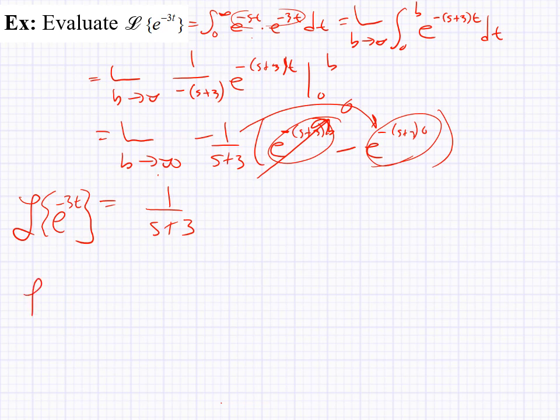So then we can think about, okay, what would the Laplace transform of, say, e to the alpha t look like? Well, alpha is the negative 3, and thinking about what was happening here, we could say maybe 1 over s minus alpha.